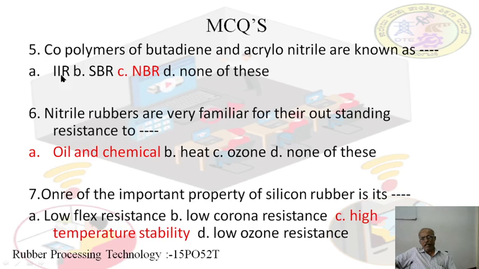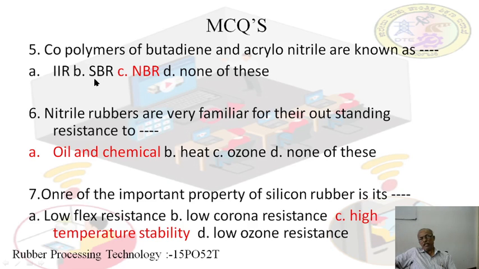Option A, IIR; B, SBR; C, NBR; D, none of these. IIR is isobutene rubber, which means it is butyl rubber, so it is not the correct answer.